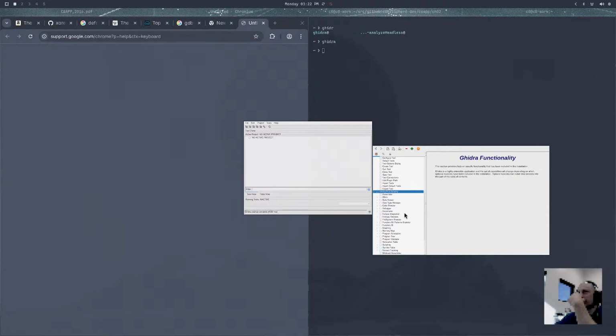I've never actually read their documentation. I imagine it supports ARM. I don't see why it wouldn't.